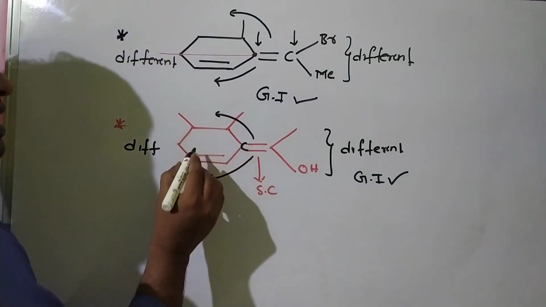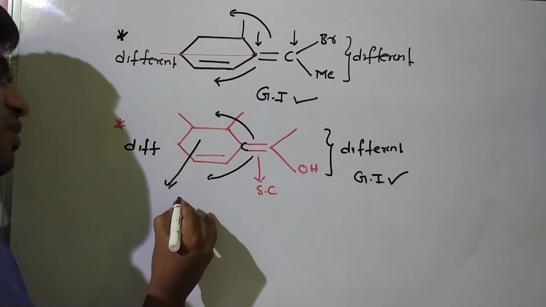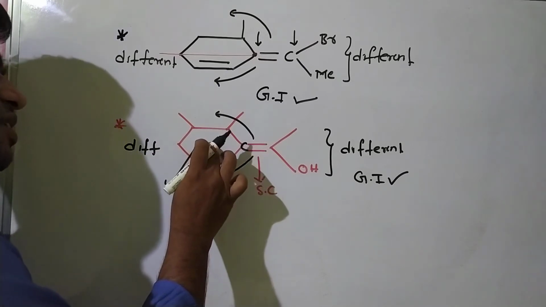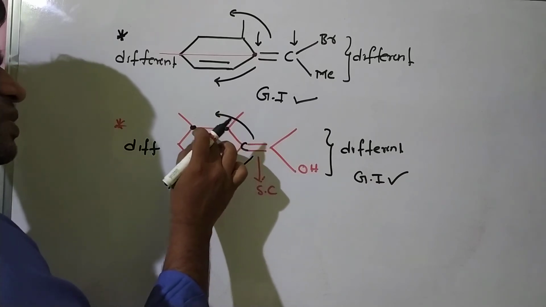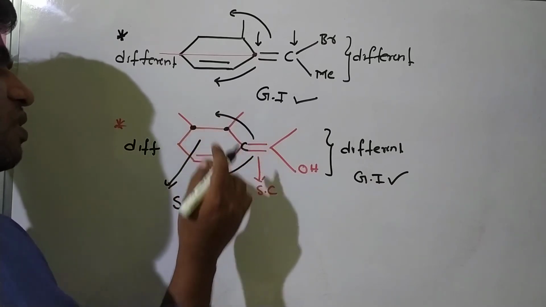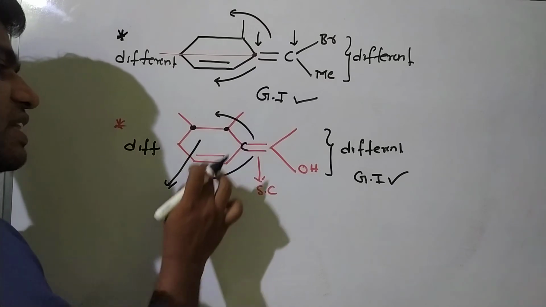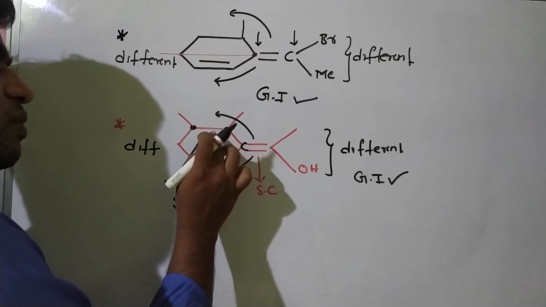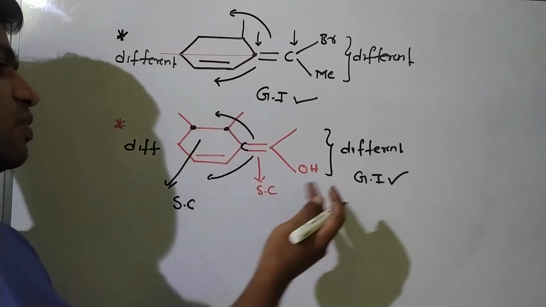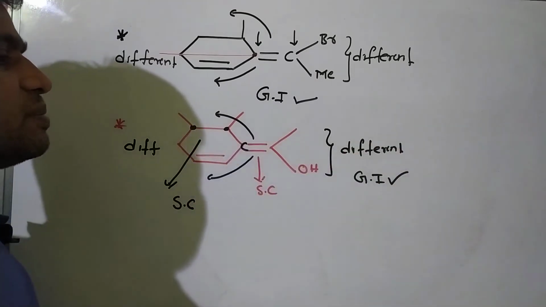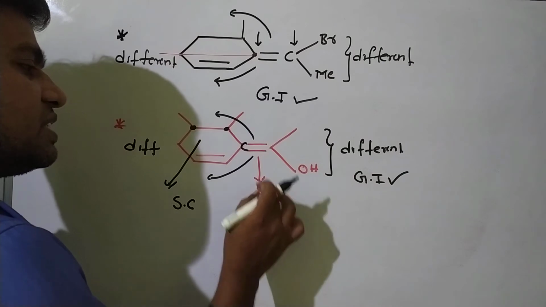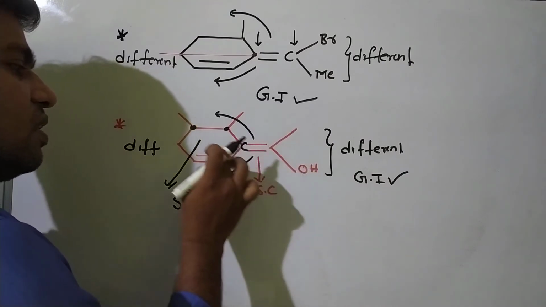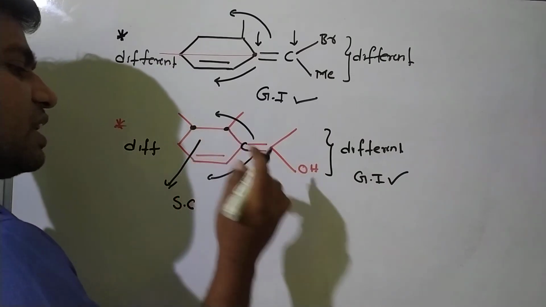And here the ring also behaves as one stereo center, because this is sp3. So this ring also behaves as cyclohexane. Okay, geometrical isomerism. So the final result is that it exhibits geometrical isomerism. Here, how many stereo centers? This is one stereo center, the carbon double bond, and this ring also behaves as one stereo center.